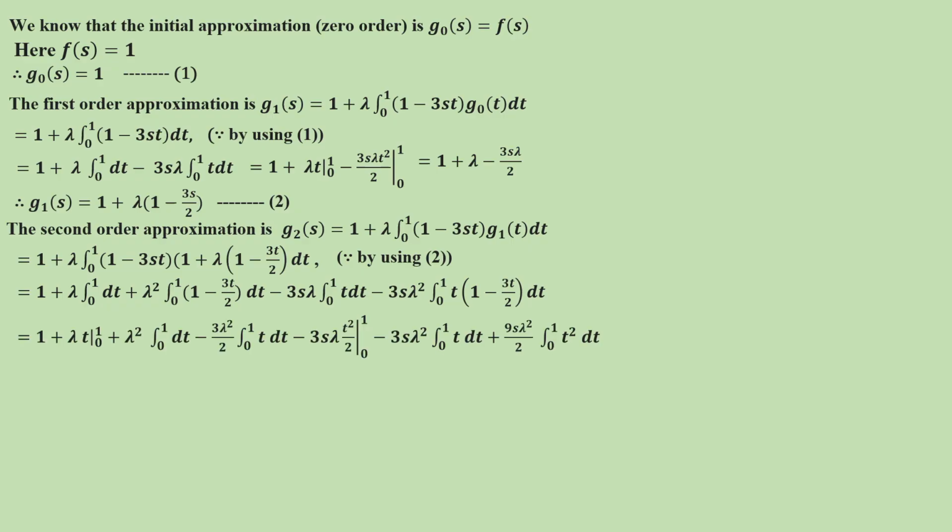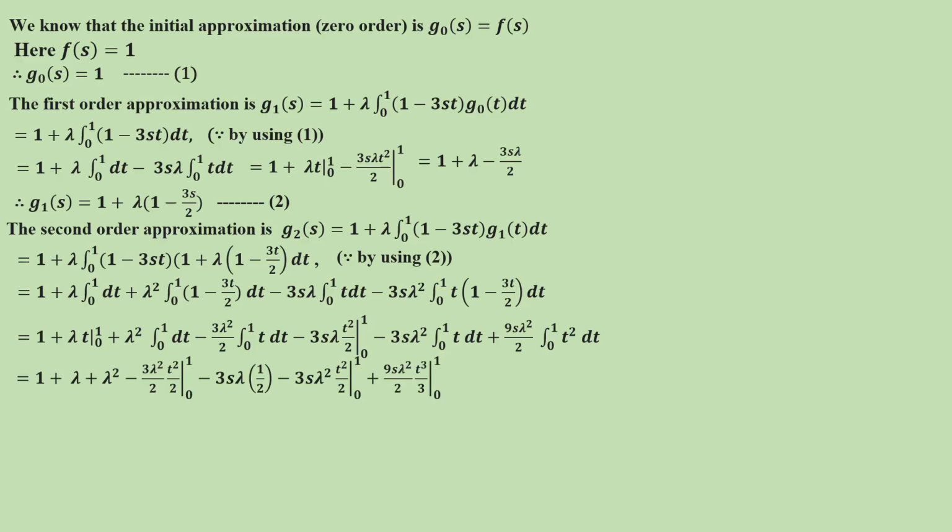That is equal to 1 plus lambda, integral dt is t, lower limit 0, upper limit 1, lambda square integral, again splitting into separate integrals, dt minus 3 lambda square by 2 integral 0 to 1 t dt, minus 3 s lambda, integration of t is t square by 2, lower limit 0, upper limit 1. Then again splitting into two integrals, minus 3 lambda square integral 0 to 1 t dt plus 9s lambda square by 2 integral 0 to 1 t square dt.